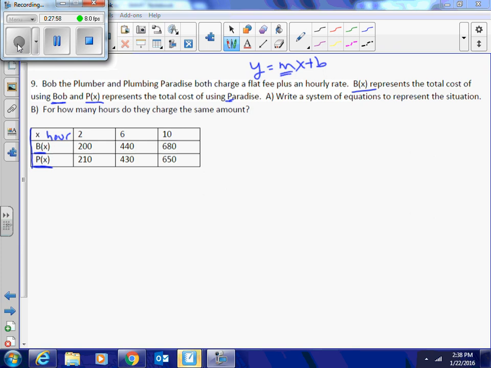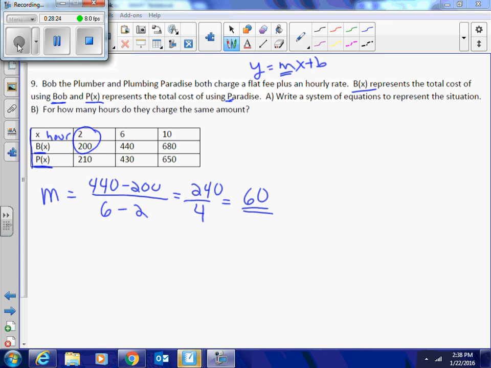So to get our slope, we will use y2 minus y1, 440 minus 200, over x2 minus x1, which is 6 minus 2. Our numerator becomes 240, and our denominator is 4, and we've got a slope of 60. When we know our slope, and yes, we've got some ordered pairs, we can plug those into y equals mx plus b.